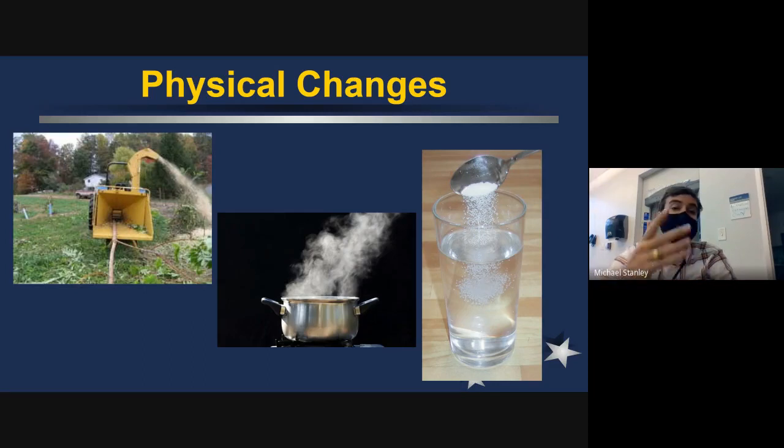It's the same material at the start as at the end. It just looks different now. It's gone through some sort of change of its form. And now it is in maybe more pieces, or it's in a different state, or it's been ground down and sharpened, but it's still the same material. We've just physically changed it to be a different size or a different shape, something like that.